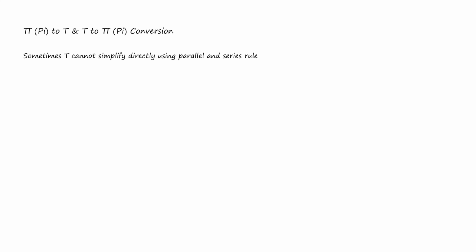Now let us see the conversion between these networks, which is pi to T and T to pi conversion. The reason this conversion is needed is because sometimes a T network cannot be simplified directly using parallel and series rules, and in this case T must be converted into pi.